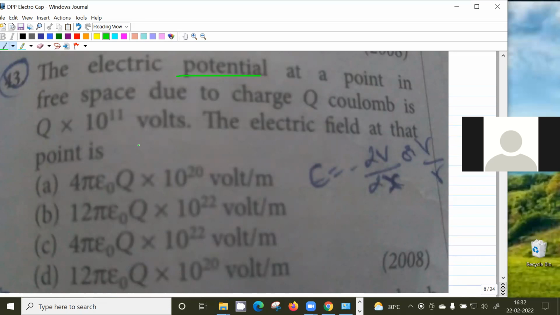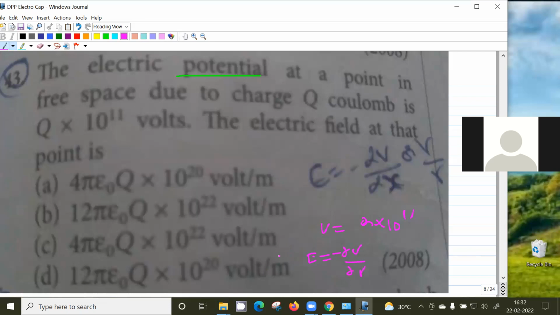If you assume it's a point charge, then we can do something. V is Q into 10 raised to 11, and E is the negative gradient. The question doesn't seem to be correct.